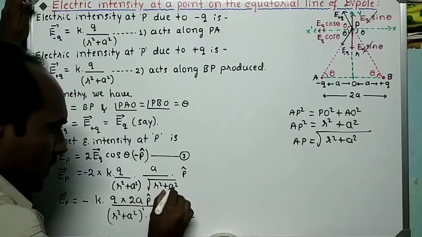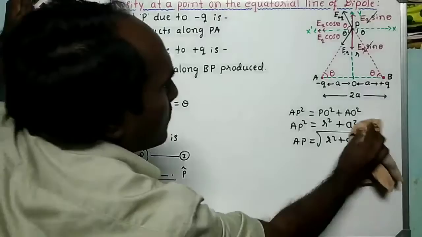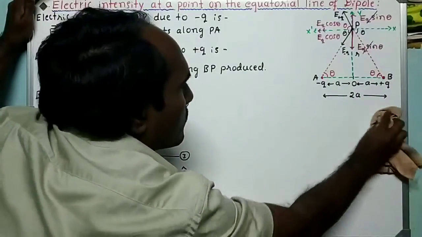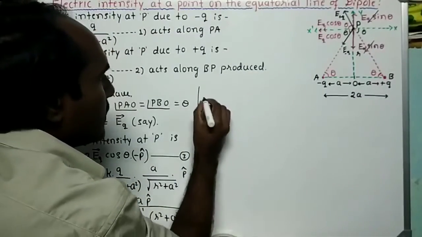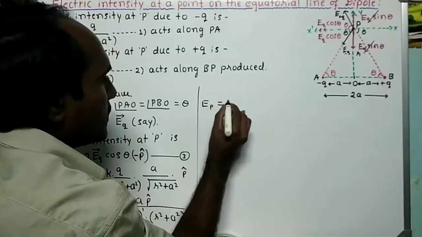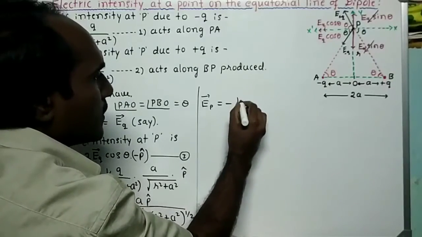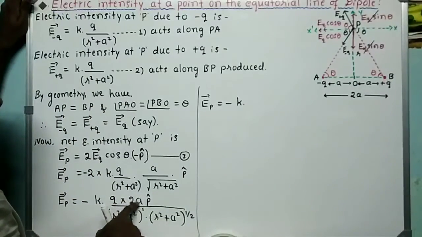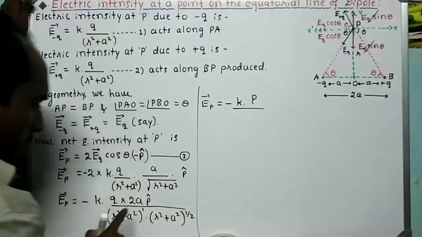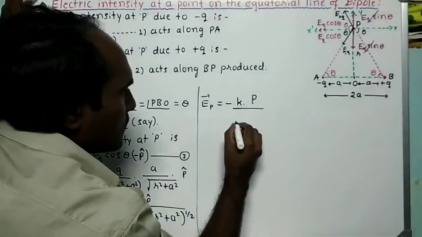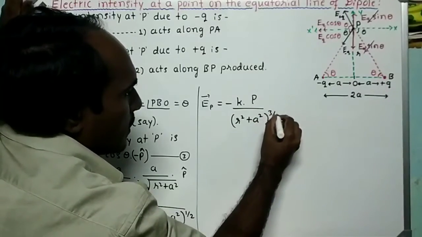Now, electric intensity at point P is equal to minus K into Q into 2A into P cap, which represents the capital P, that is dipole moment, divided by R square plus A square raised to 3 by 2.